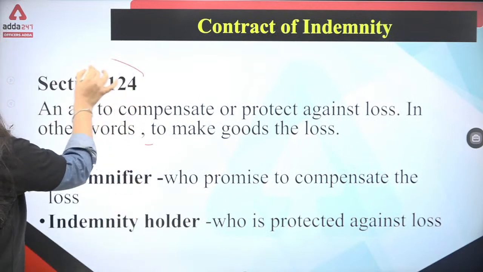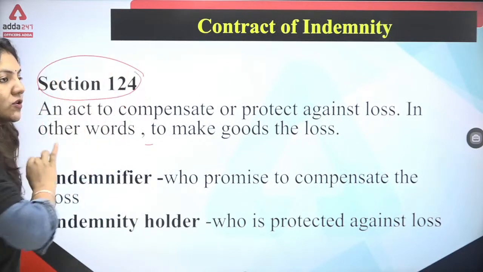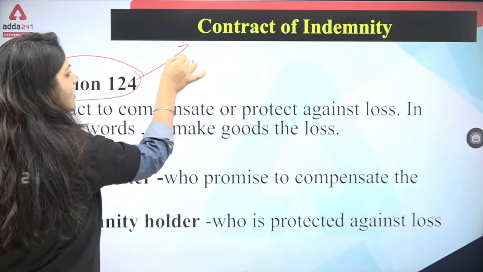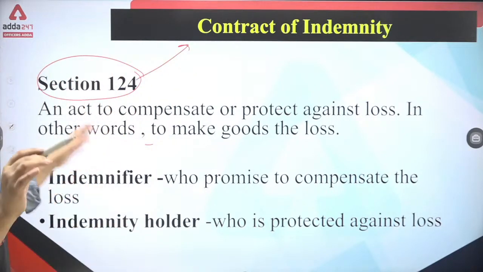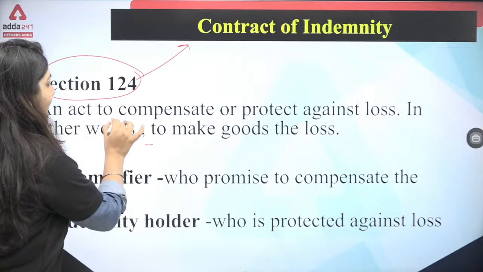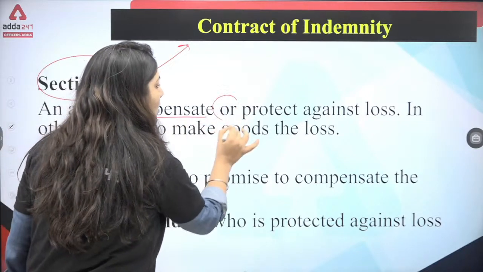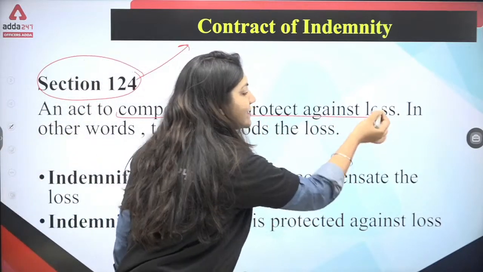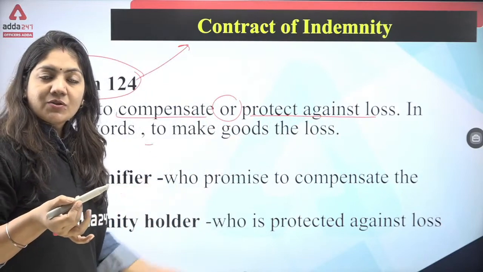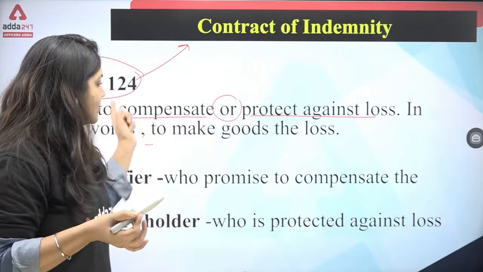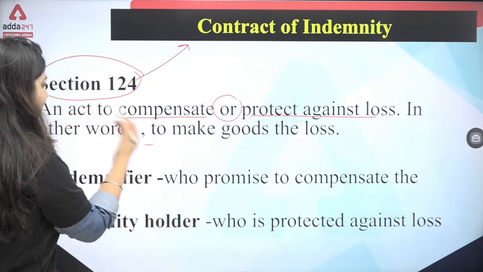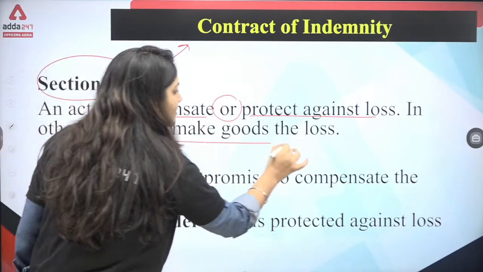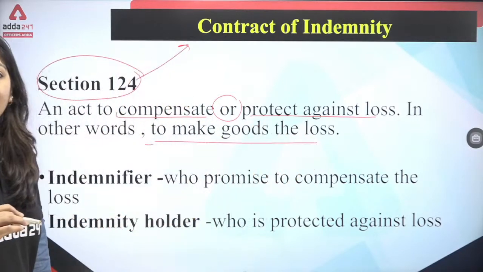First of all, you have to remember Section 124, which is of the contract of indemnity. What it says is that the act to compensate or protect against the loss is called indemnity. So the insurance company will do this, and in other words, to make good the loss. That is exactly the definition of indemnity.